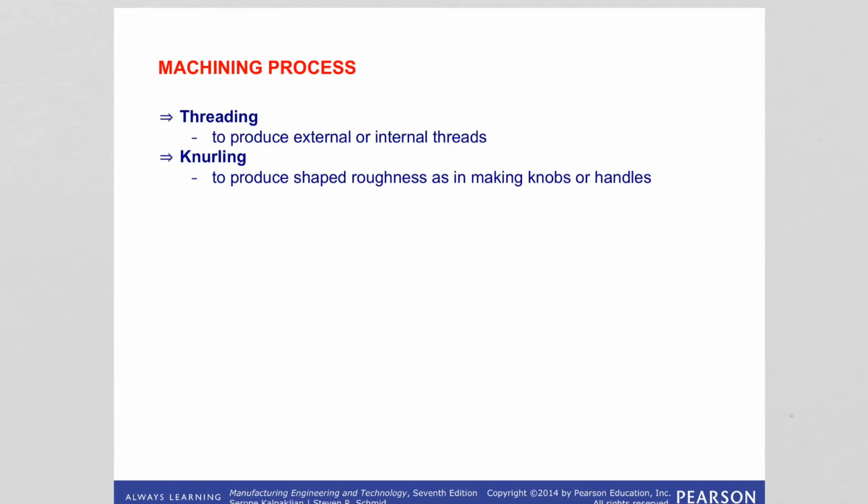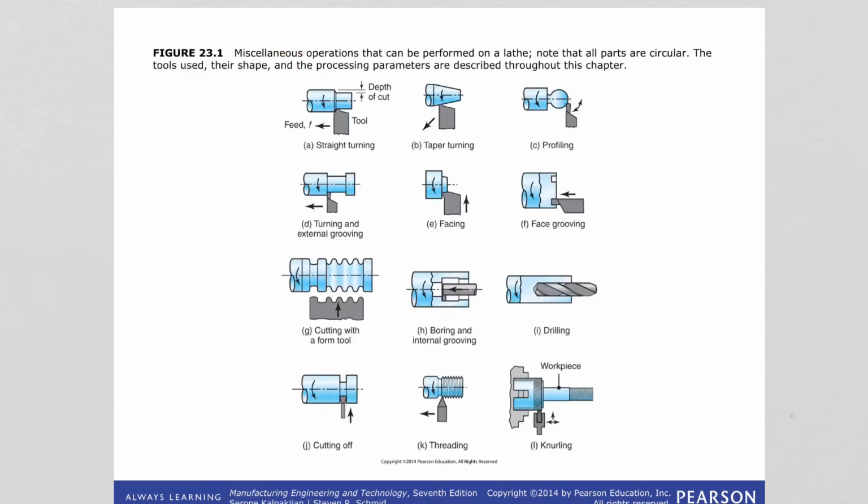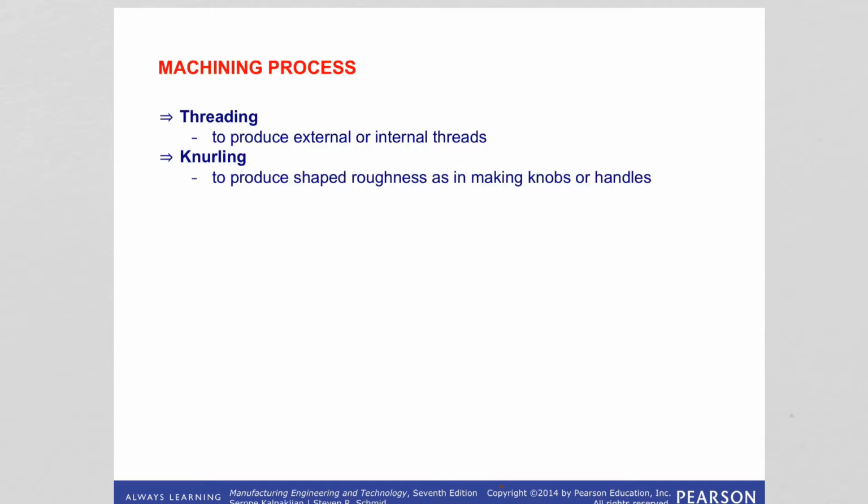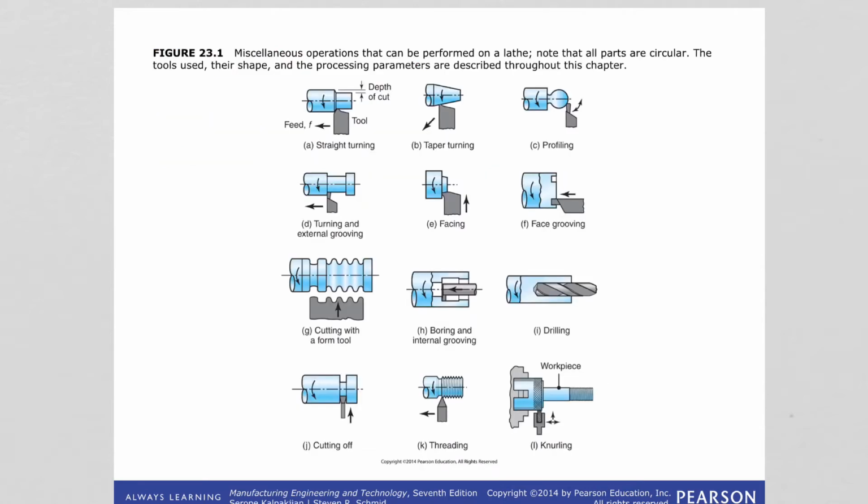Threading is to produce external and internal threads, and we are seeing this illustration in image K. Knurling is to produce a regularly shaped texture on cylindrical surfaces, as in making knobs and handles. As you can see here, this is your tool, and that is producing texture on the surface.